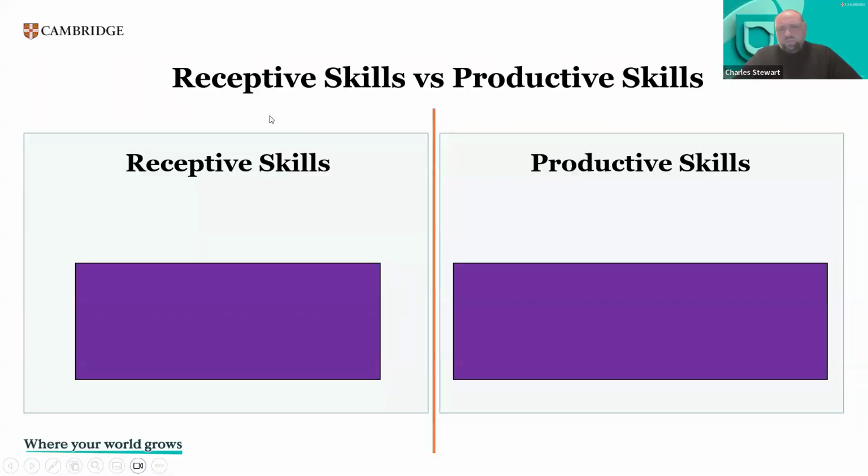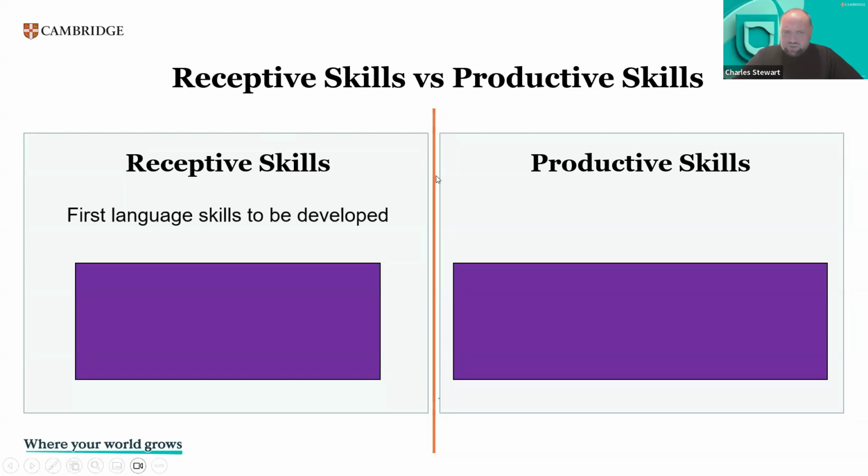So in the classroom, we teach skills. What are the 4 skills that we teach in the chat? Absolutely, reading, writing, listening, and speaking. Now, these skills are broken down into receptive skills and productive skills.